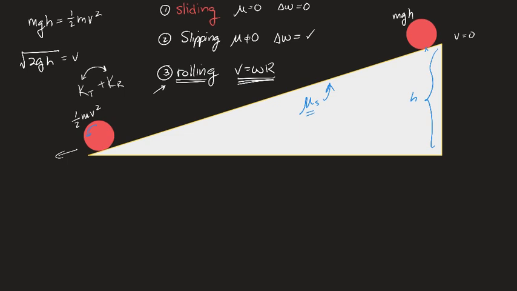Slower. Why? Because instead of all the kinetic energy being translational, there's rotational kinetic energy as well. Perfect descriptive answer, and what I would hope all of you would say. Objects that roll tend to be slower than objects that slide without friction. Not tend to be, have to be.